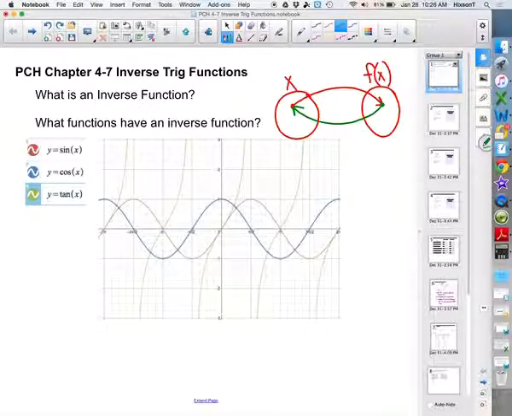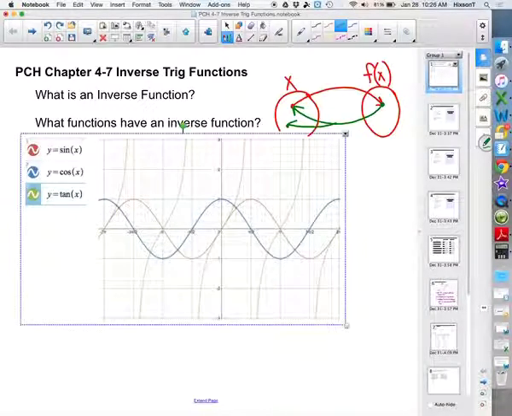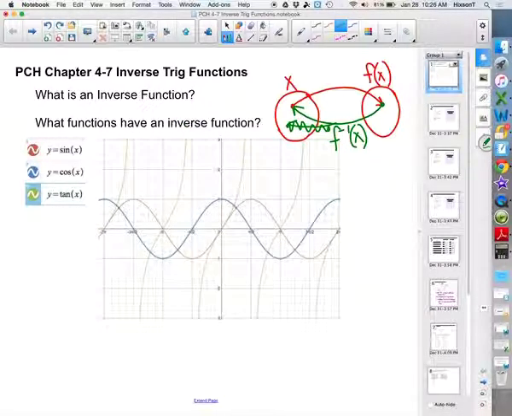If it's not one-to-one, when it tries to bring this back, it's going to have different possibilities of what it could map back to, so it's not an inverse function because there's that uncertainty. An inverse function will only go to one value when I try to map it back. And we would use the notation f inverse of x. Does that all make sense so far? Just trying to refresh our memories as to the concept of the inverse.